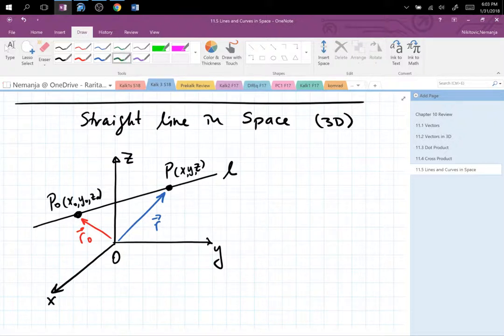I did not draw that vector yet, but there is a vector which stretches from P0 to P. And that vector has the direction, right? Not the magnitude. Remember, the length of the line is infinite. The line goes forever in all directions. The vectors have finite length. They have the magnitude, right? So we don't care about the magnitude of this vector. We care about its direction, right?